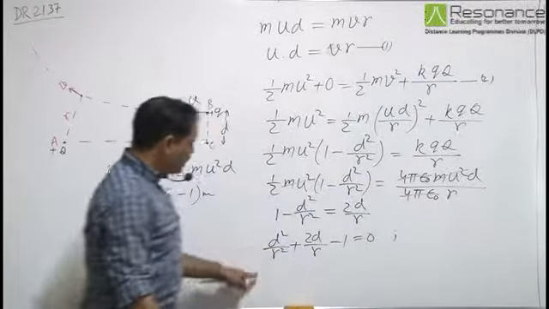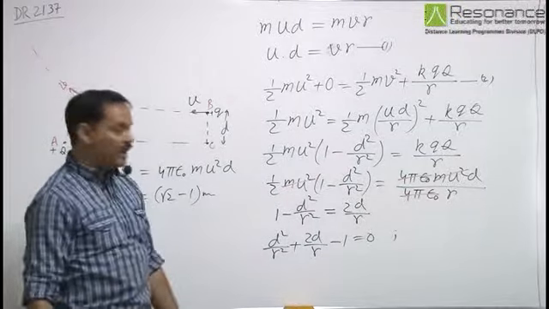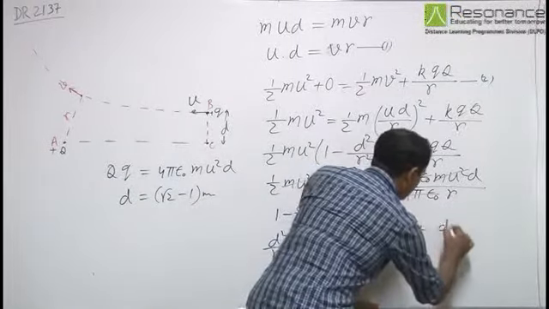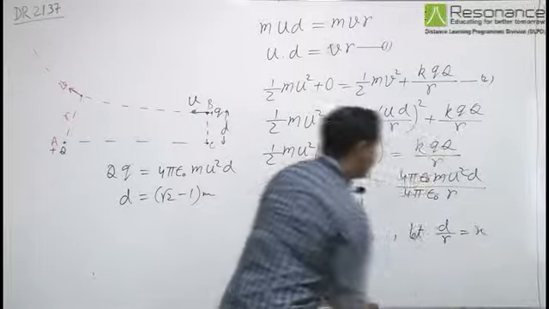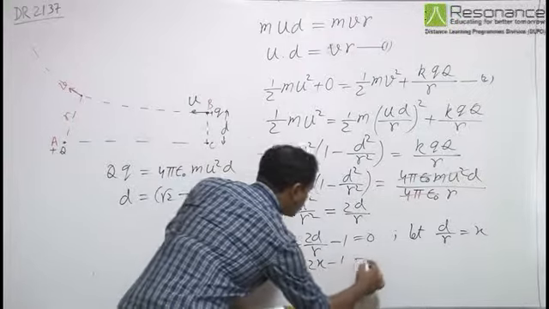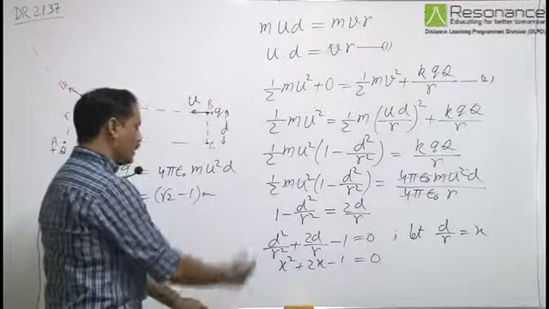So here we can see it is a quadratic equation in d by r. Now let us assume d by r to be equal to x. So this equation is x square plus 2x minus 1 is equal to 0.